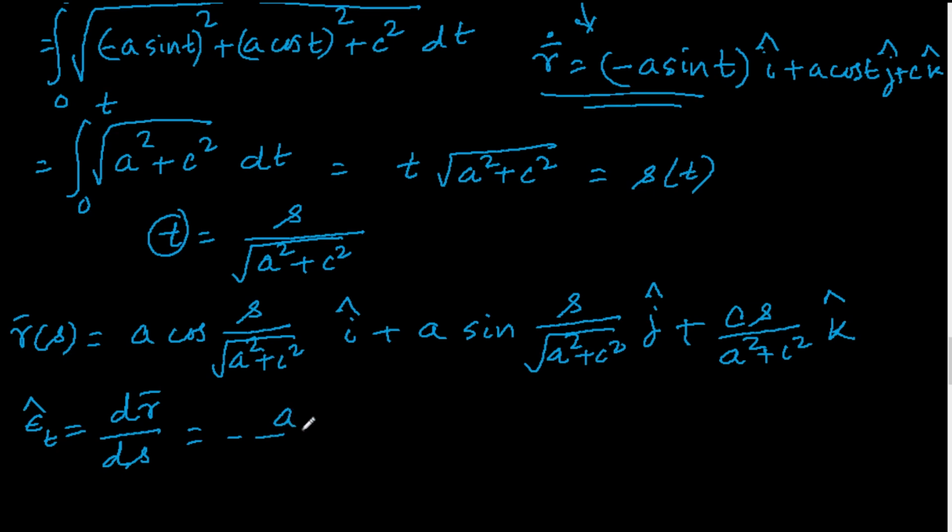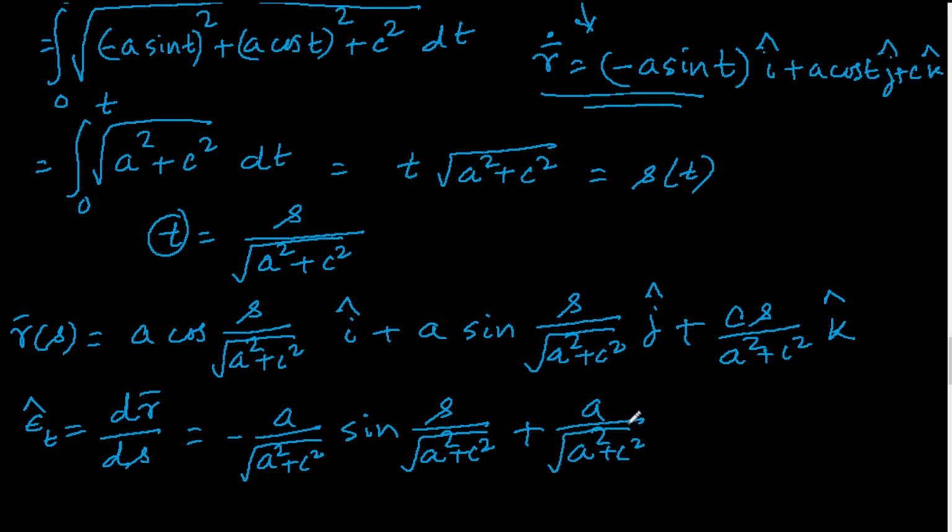Minus a over a squared plus c squared under root sine of s over a squared plus c squared under root, fine, plus a over a squared plus c squared under root cosine of s over a squared plus c squared under root, plus c over a squared plus c squared under root.